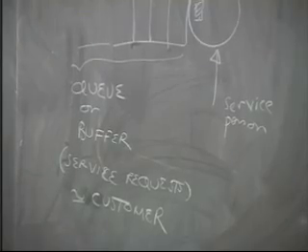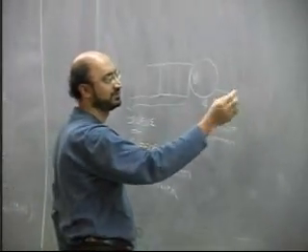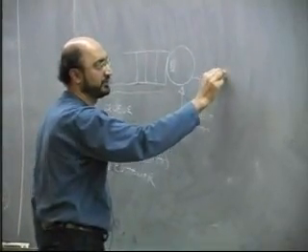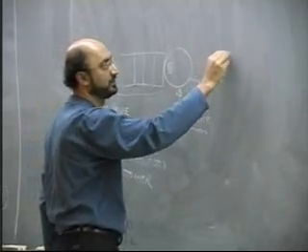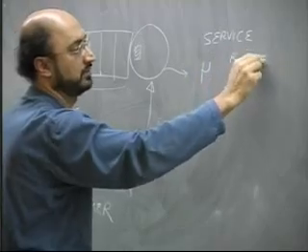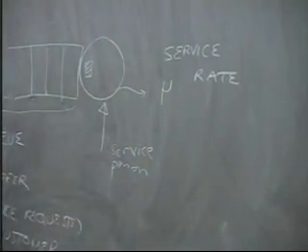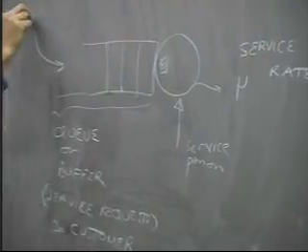Now, what you have to realize, and this is just common sense, you don't need queuing theory for this, is that let us say the service rate over here is intrinsically some rate of service. We always represent that as mu. That's called the service rate. And correspondingly, we have a rate at which customers enter the system called the arrival rate.